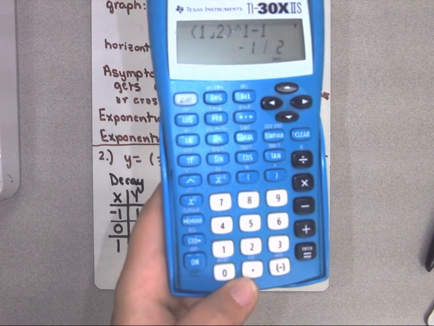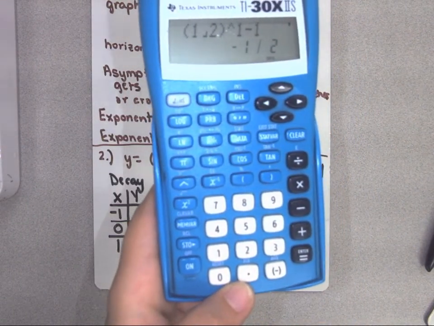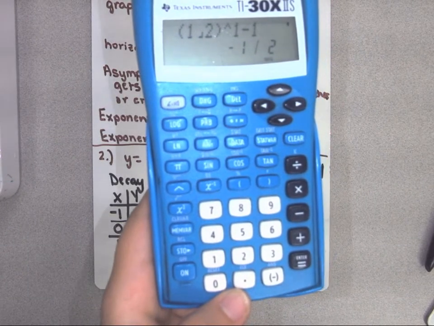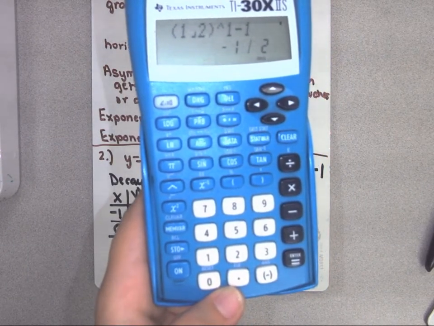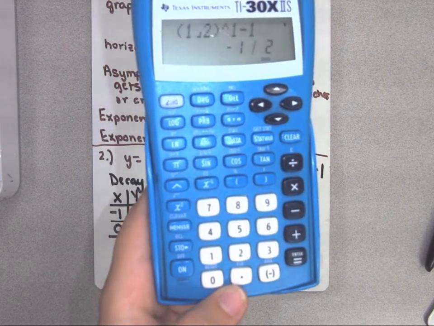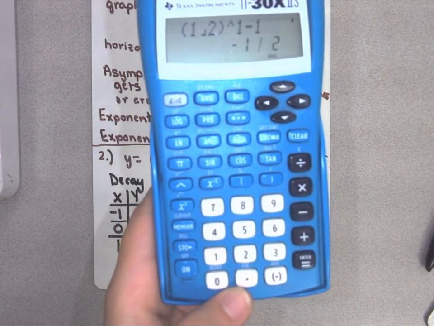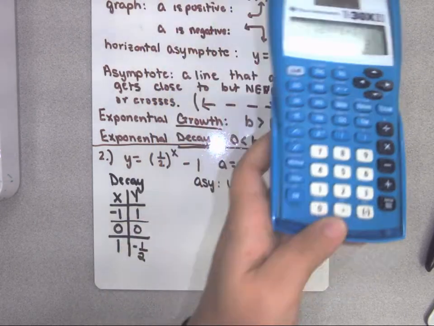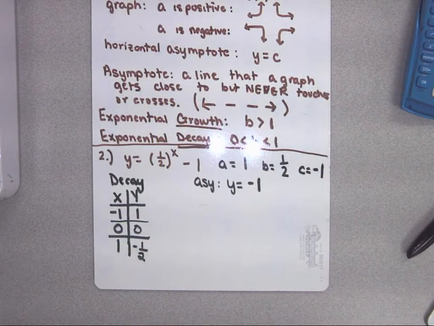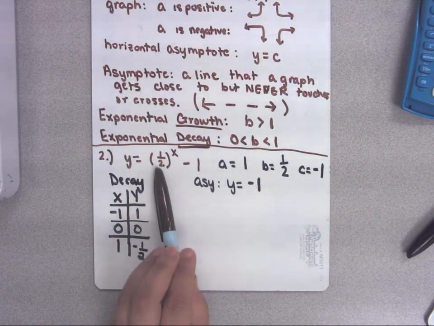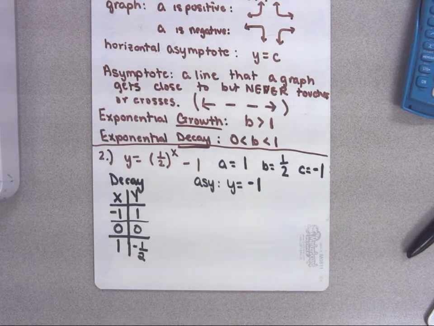Hold on, there you go. Did you -1 at the end? That's why, because it was 1/2, but when you -1, you get -1/2. You forgot to -1. Jacoby, did you -1 in your calculator? Look at my calculator screen. Ah, see? You're not the only ones. I had kids in last class do the same thing because we type it in here, but we forget about the rest of it, right? Don't forget about the rest of it.